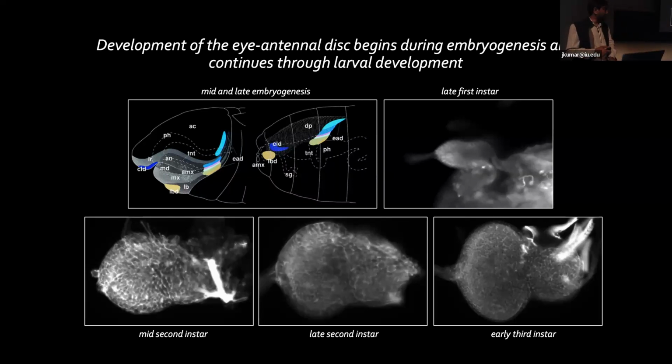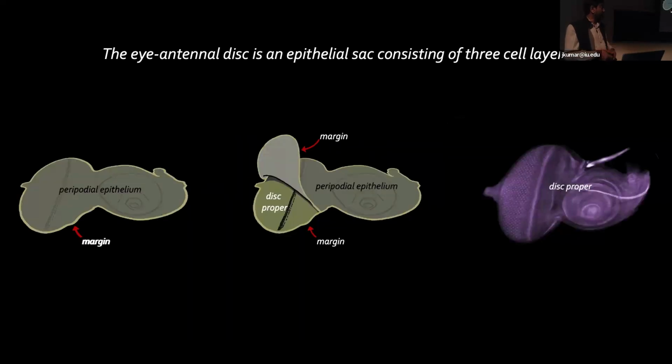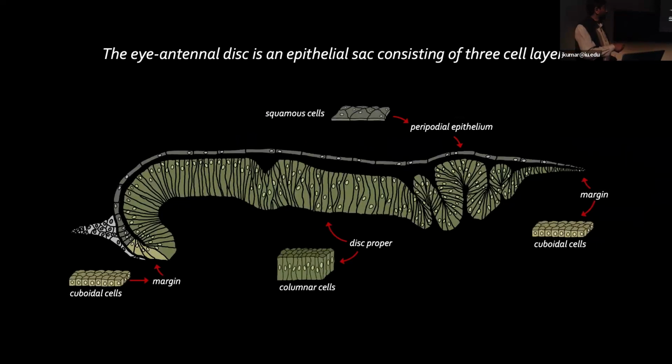So that tissue, as I mentioned, is a sac-like structure. It has two layers. It has the disc proper layer that lies underneath. That's where all of these tissues are really being specified. There is an overlying set of tissues called the peripodial epithelium, and these are zipped together so that you get a small lumen in between those two major layers.